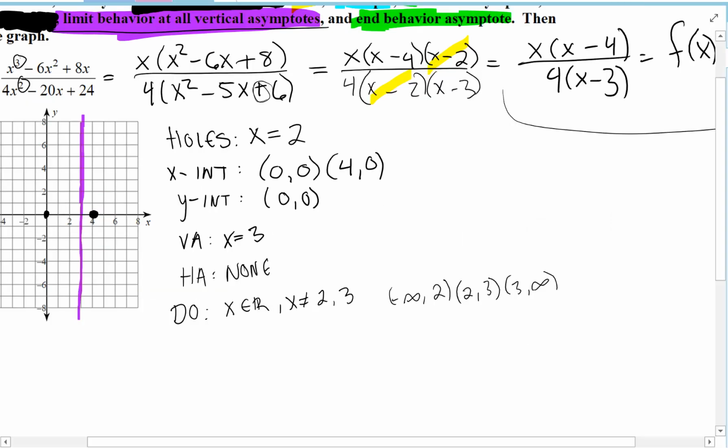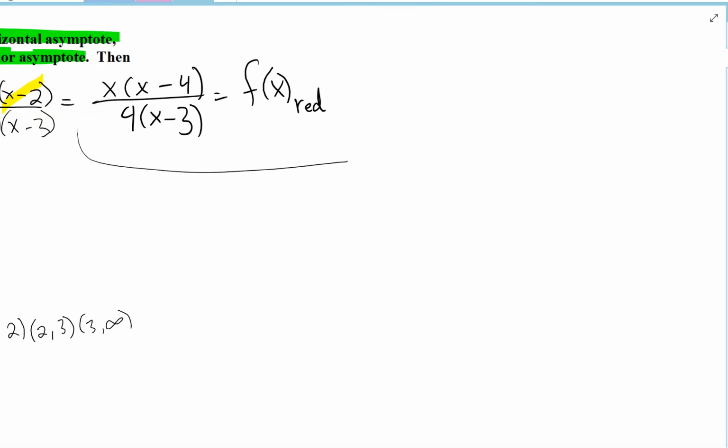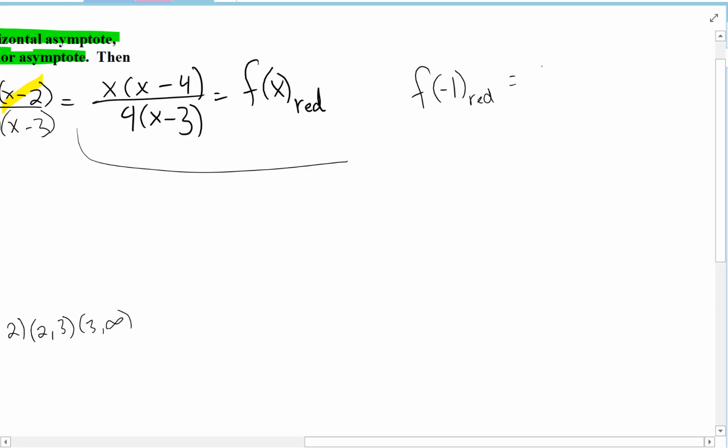Okay, so to get a better picture, I'm going to plug in negative 1, 1, and 5. And you can plug it into the reduced version. So f of negative 1, the reduced version, would be negative 1 times negative 1 minus 4 over 4 times negative 1 minus 3.